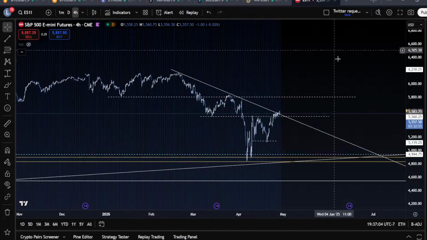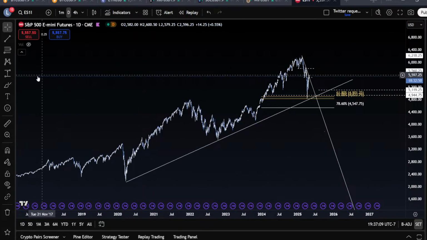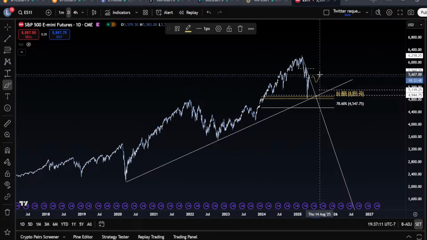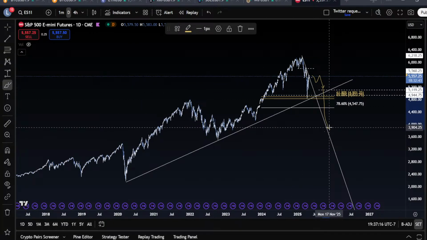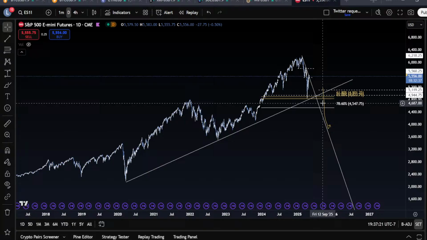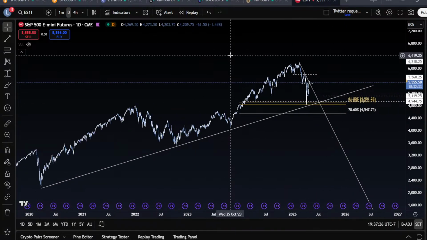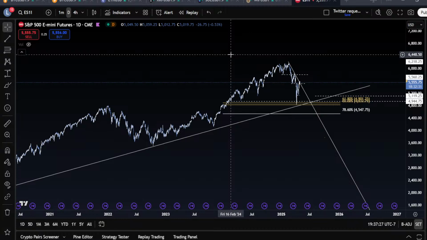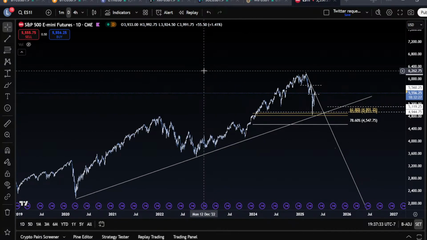I think we're going to more likely than not see more continuation to the downside. We still have a lot that can happen here, and ultimately I would like to see another big move down on the stock market, and maybe that coincides with a move down on Bitcoin, maybe not, and then maybe some sideways stock market price action, and I would like to see decoupling of the two.